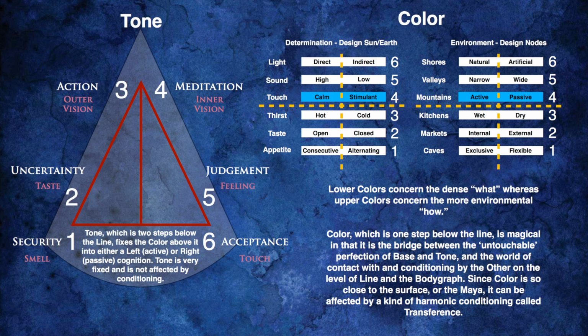They could live in a valleys environment, a fifth color environment. They could even live in a first color caves environment. They just have to be either active or passive about it. It's the same way with the fourth color determination. The nature of mountains, with its perspective, is that it's not tied to just one environment.